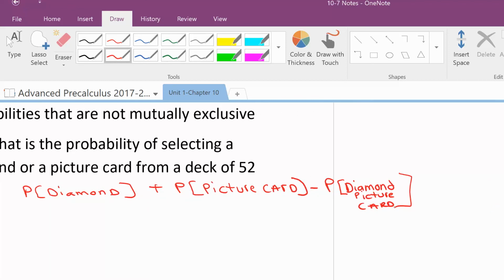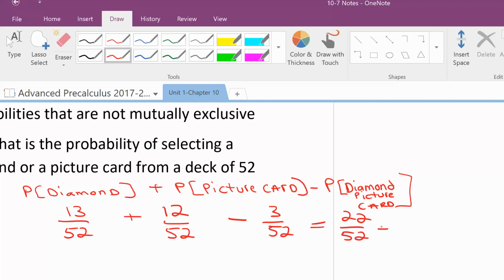So the probability of getting a diamond, there are 13 diamonds, plus the probability of getting a picture card, well, there are 12 picture cards because there's 3 picture cards in each suit, but minus the picture cards that are diamonds, so that's 3. So 25 minus 3 is 22 out of 52, which reduces to 11 out of 26.